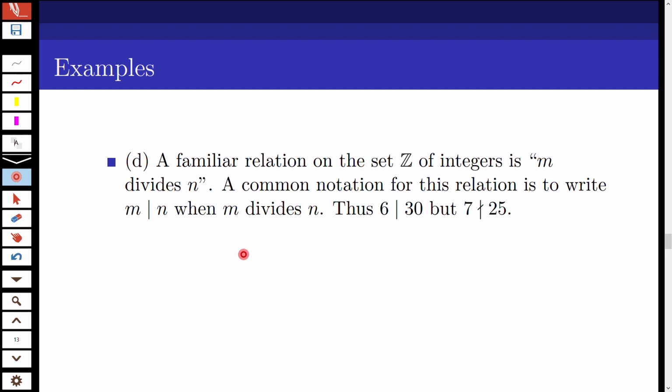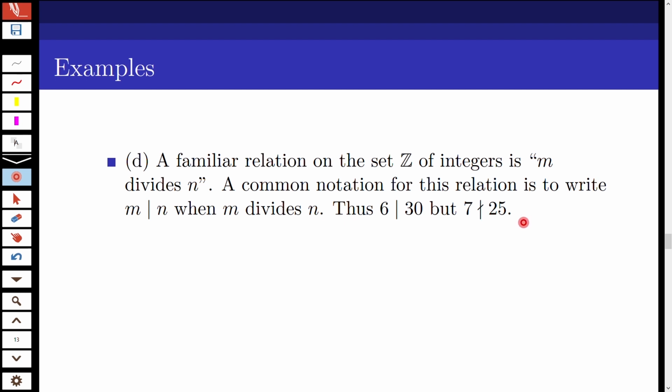And consider the set of all integers Z. Then "m divides n" is a relation on the set of integers. We write m divides n when m divides n. You know that 6 divides 30, but 7 does not divide 25.